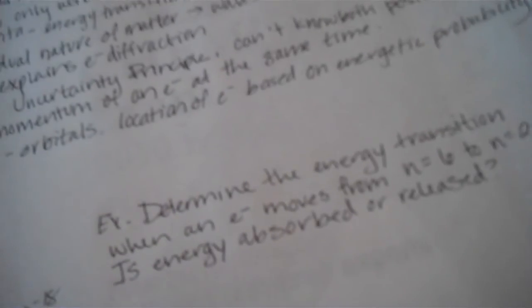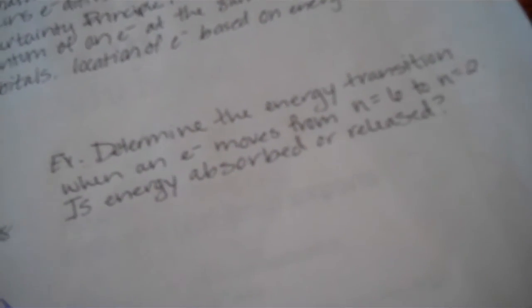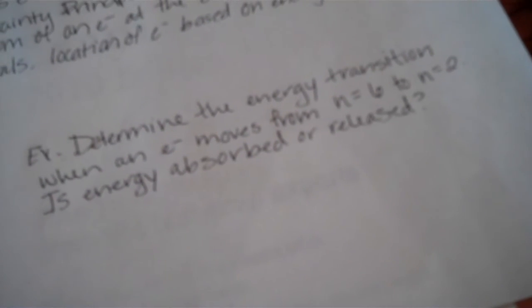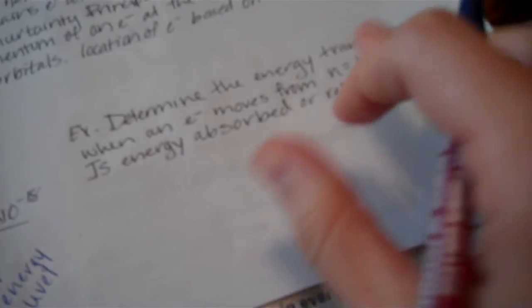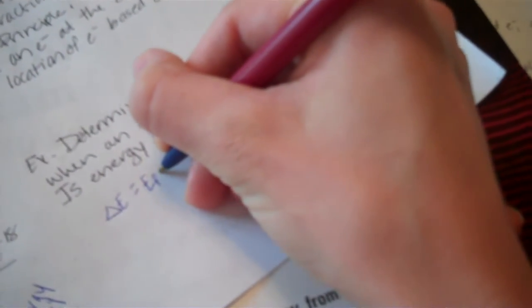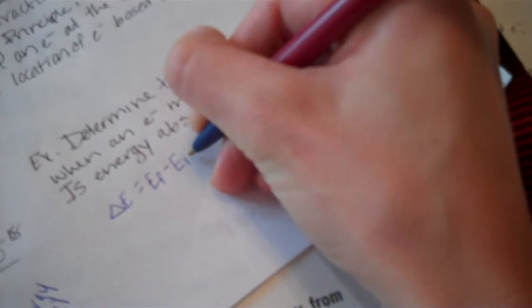Okay, let's look at this problem. Determine the energy transition when an electron moves from n equals 6 to n equals 2. Is energy absorbed or released? In this one, we're trying to find the change in energy, which is equal to E final minus E initial, EF minus EI.